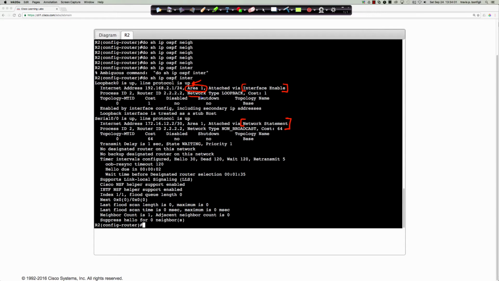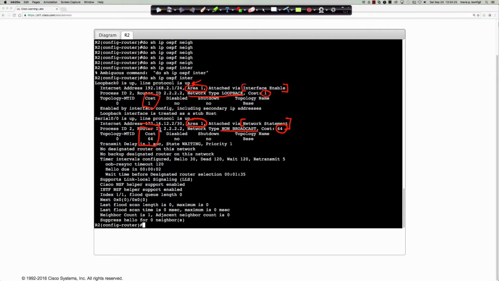Now the network type shows up as loopback with a cost of 1. That's the metric. On the serial interface, it tells us that it is non-broadcast with a cost of 64. Again, it's a serial interface, and we've got the area 1 designator as well. And you can see here the cost for the two links is enabled.